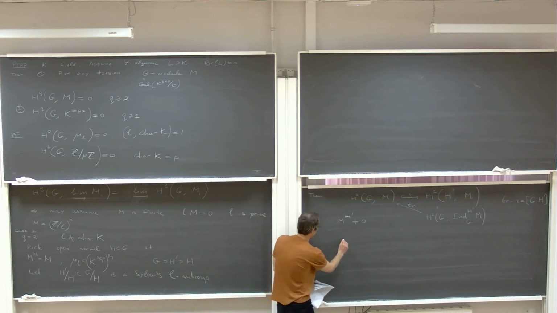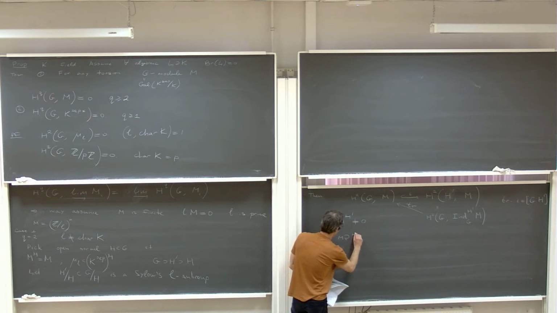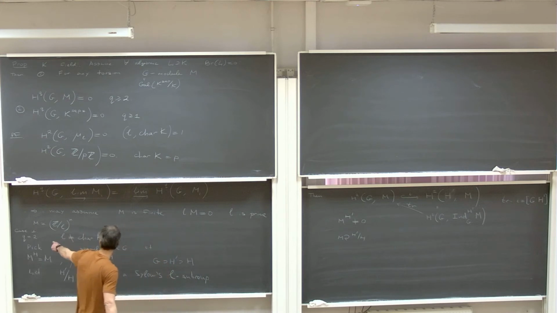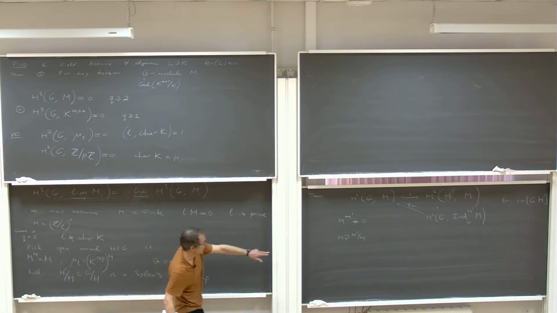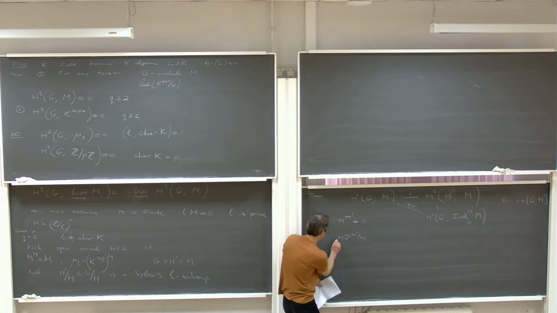So what we have here, we have M, and we have the action of H prime modulo H. M is assumed to be stable under H, so in fact this action factors through this group, and this is an L group.